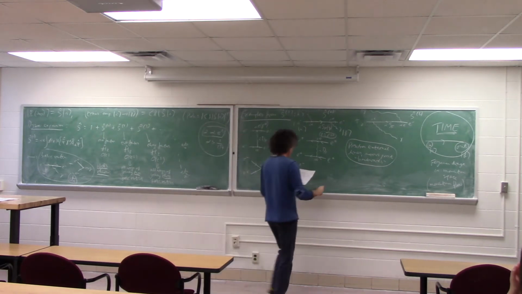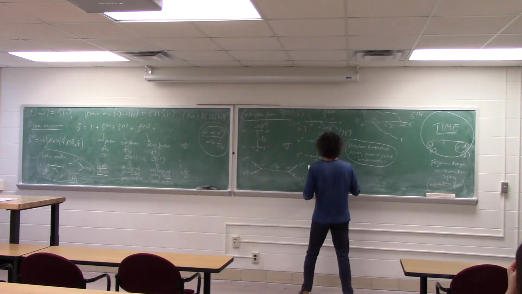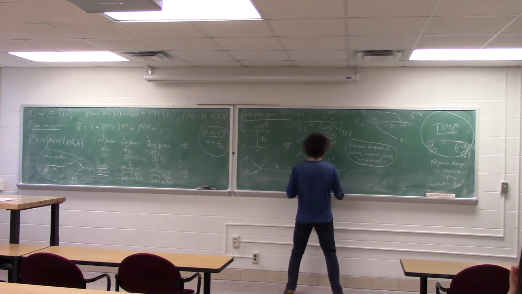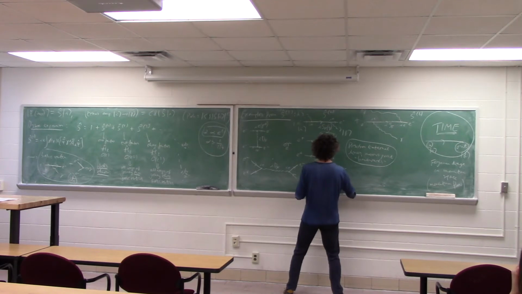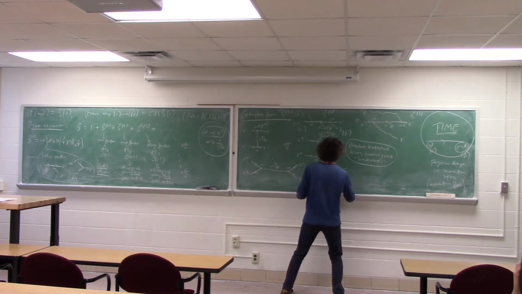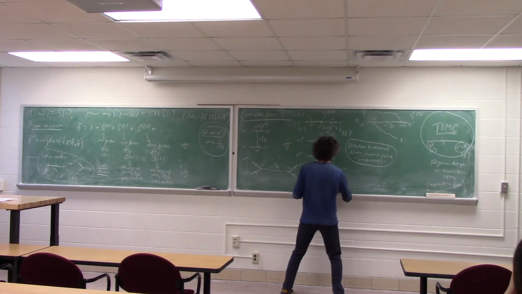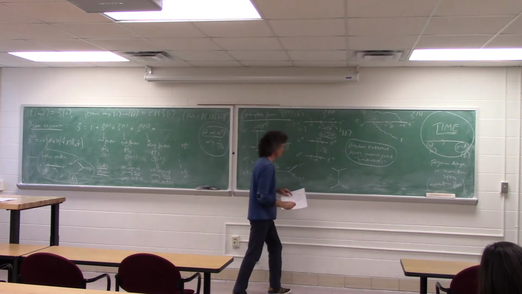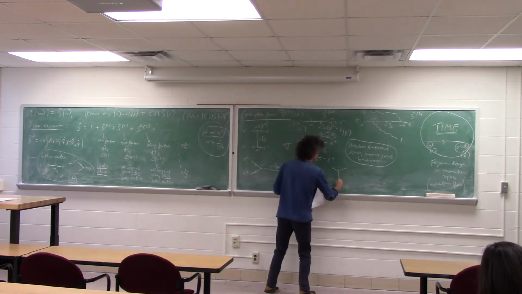There are other things you can do. Let's take this vertex and this vertex. All right, here are two vertices. Let's join them.